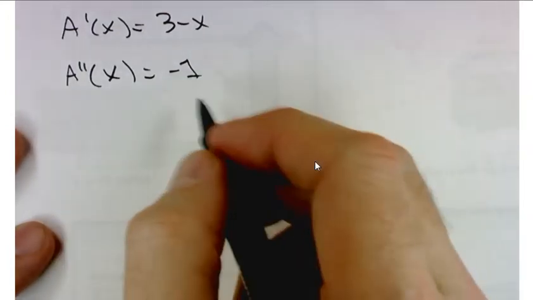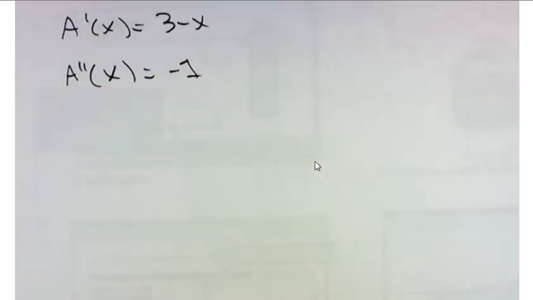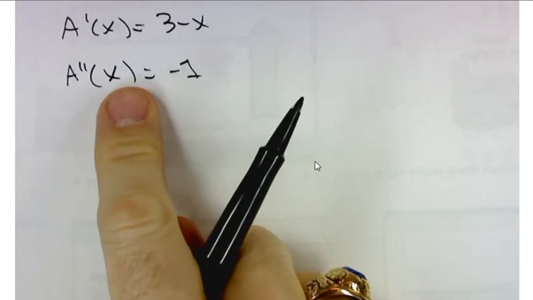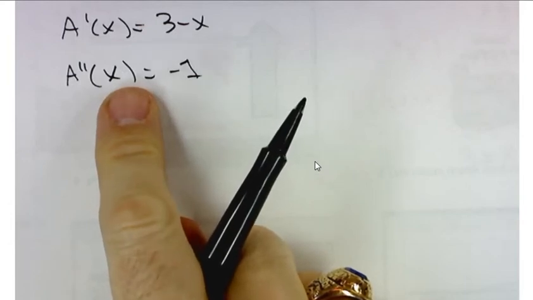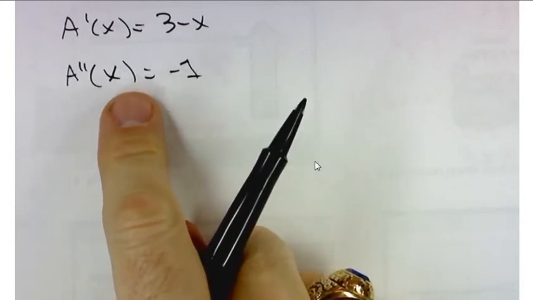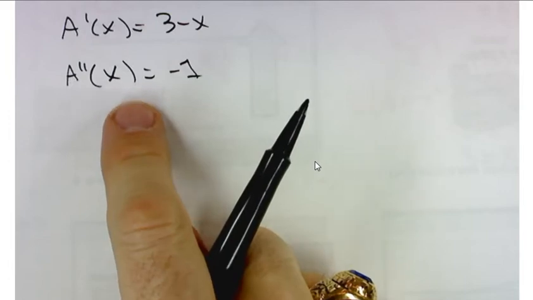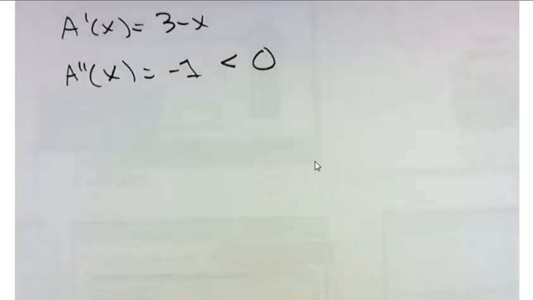So it doesn't really matter where I look at this function, right? What's the shape of this function based on the second derivative? It's always concave up or concave down. It's less than 0, right? Wait, timeout.